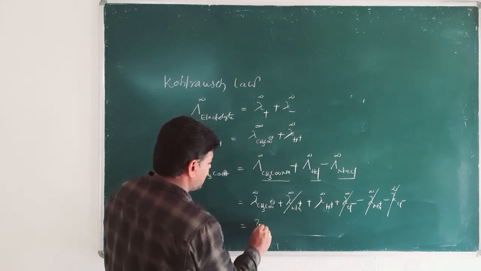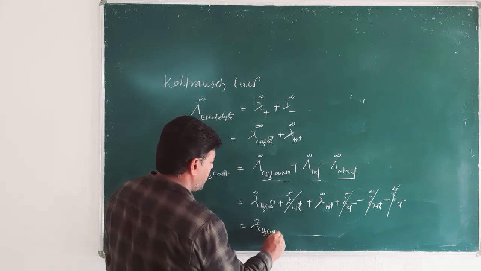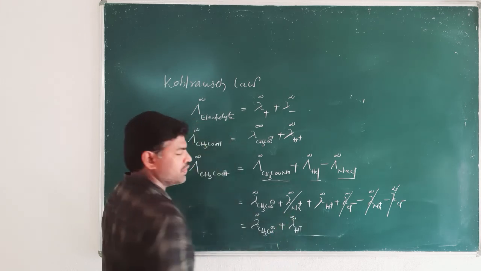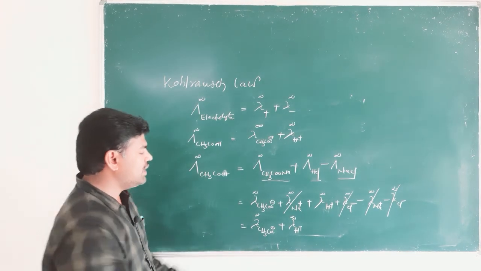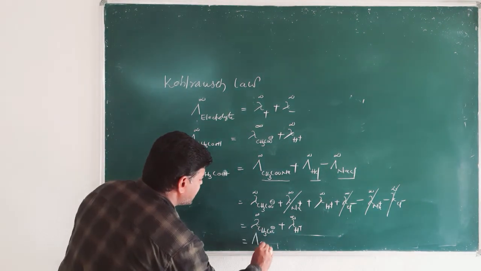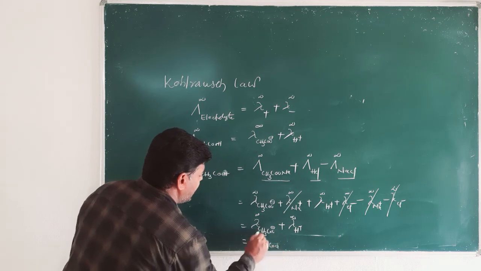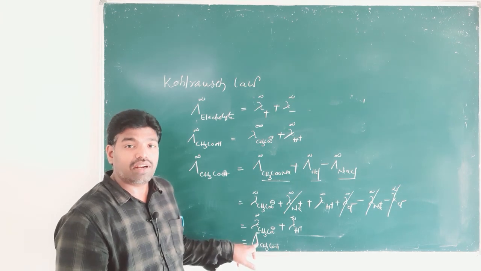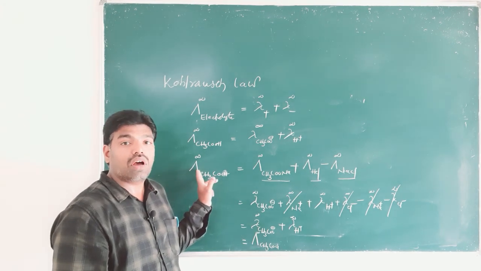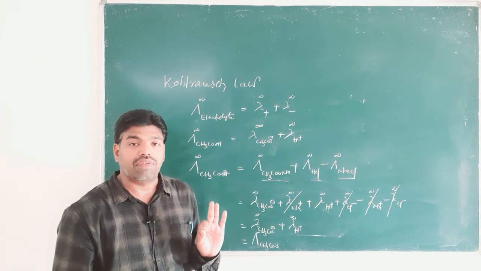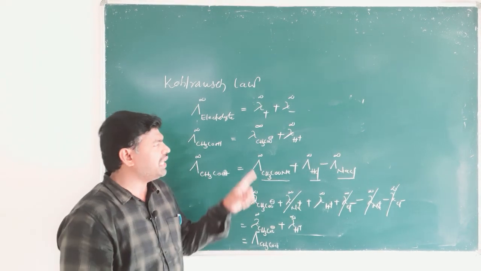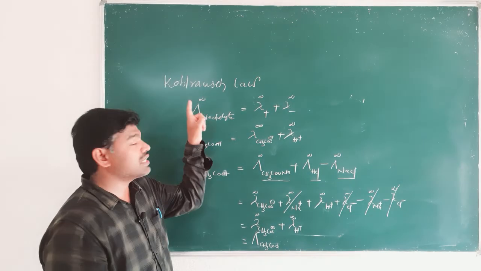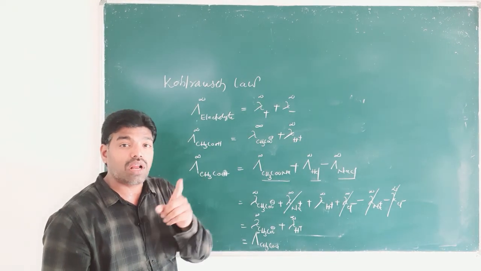So, what remains is lambda CH3COO minus at infinite dilution plus lambda H plus at infinite dilution, which is equal to the equivalent conductance of acetic acid at infinite dilution. So, we can get the equivalent conductance of a weak electrolyte at infinite dilution by using Kohlrausch law of independent migration of ions, okay. This is a very important concept and there are several applications for this law.